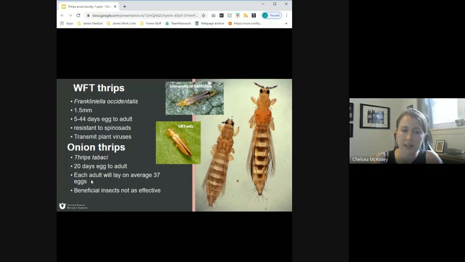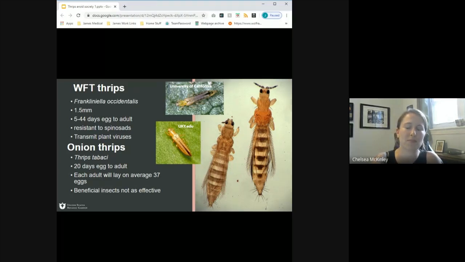And for onion thrips, each adult will lay on average 37 eggs, but they can lay up to 200 eggs. I'll go a little bit more in depth in their life cycle, but adults live around 35 days.